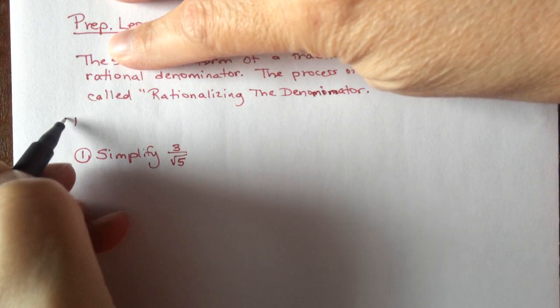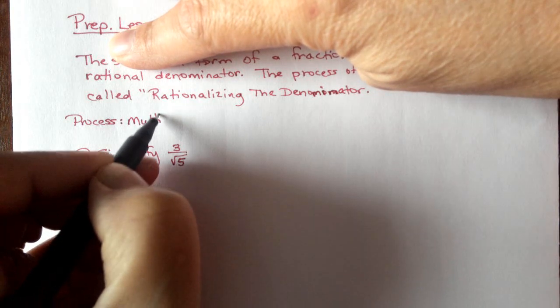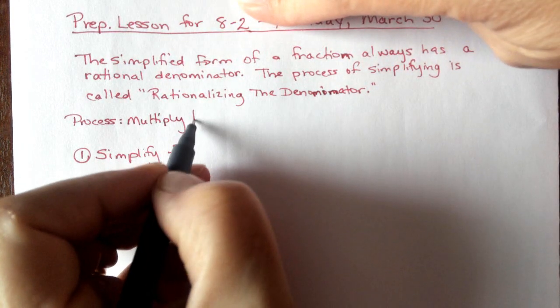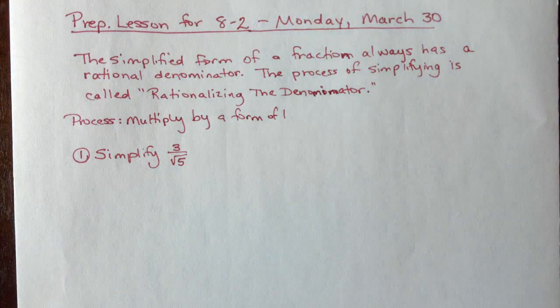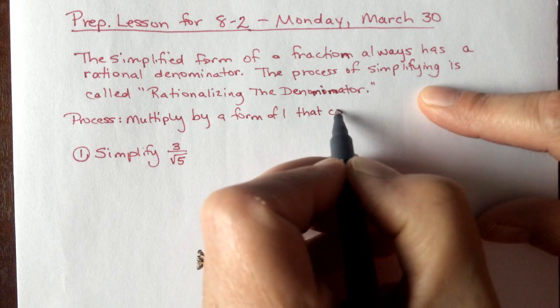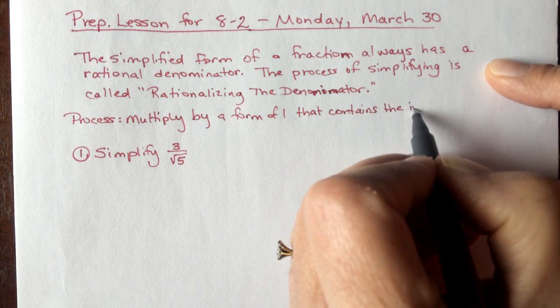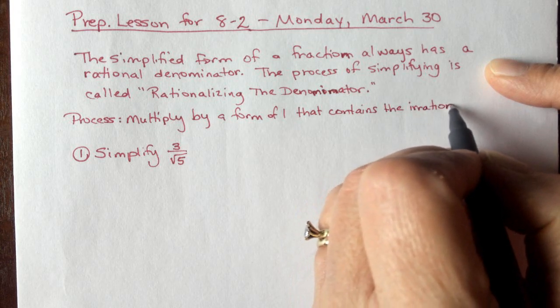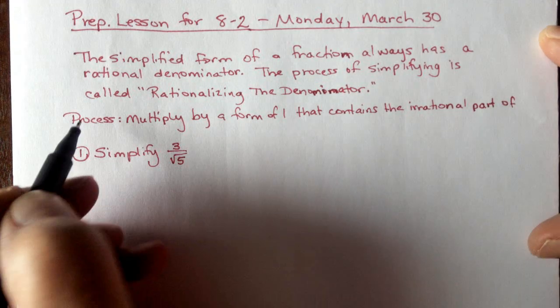So the process: multiply by a form of 1 that contains the irrational part of the denominator.